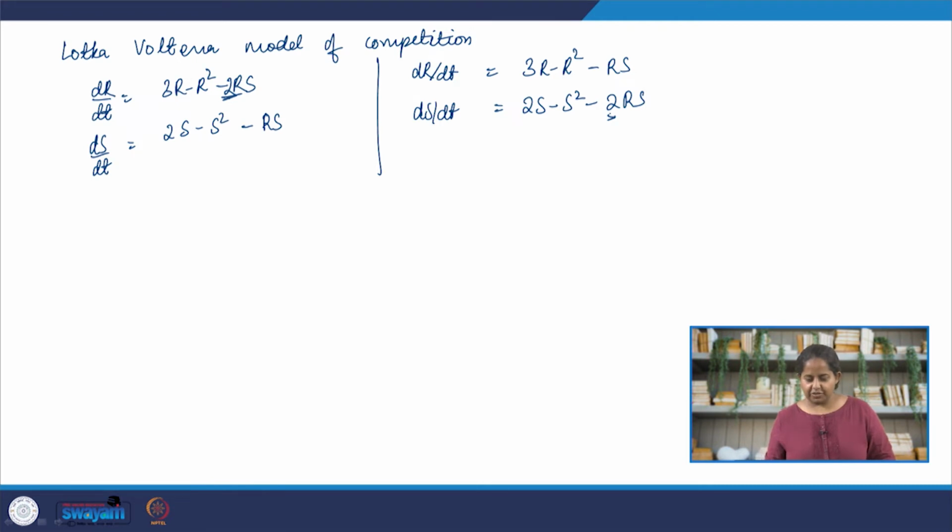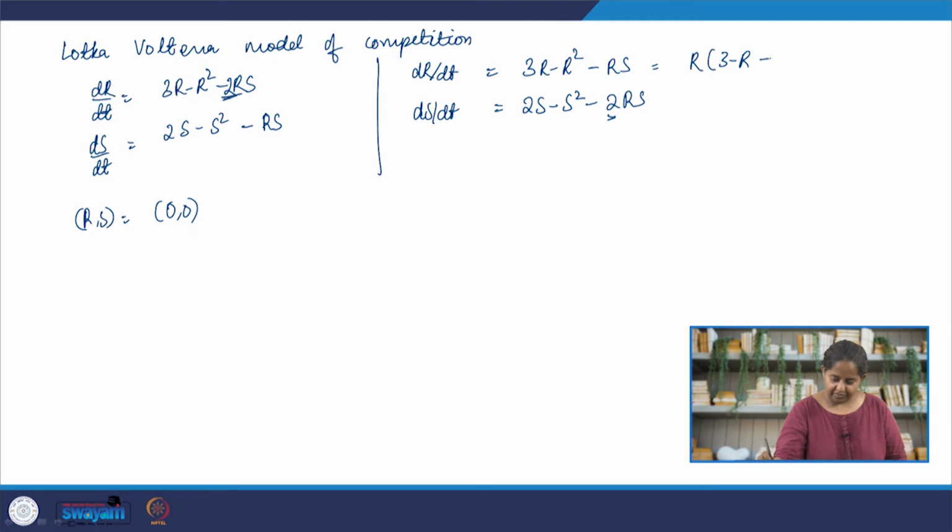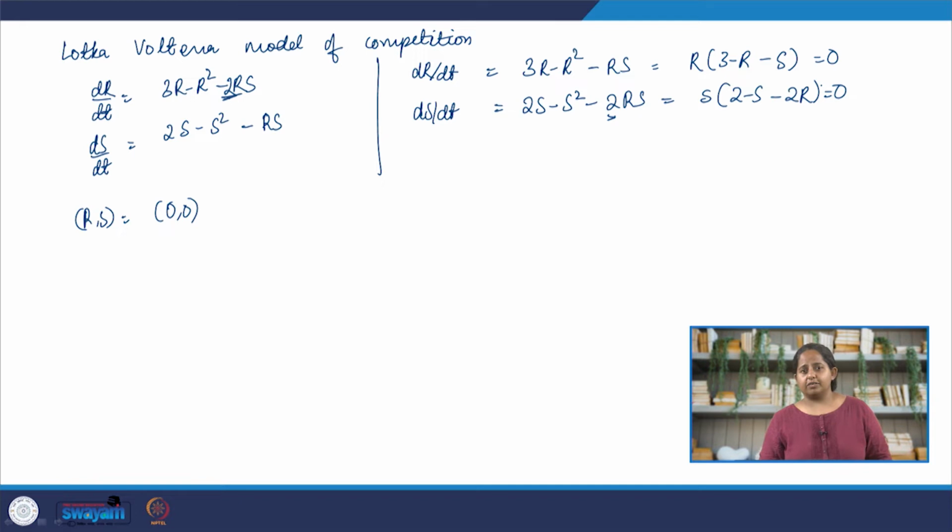So the first obvious fixed point is R and S both 0. The second: R is not equal to 0, then what's the value of S? If R is not equal to 0, then this term needs to be 0, so what we get is R plus S is equal to 3.